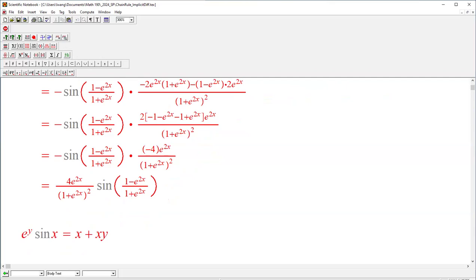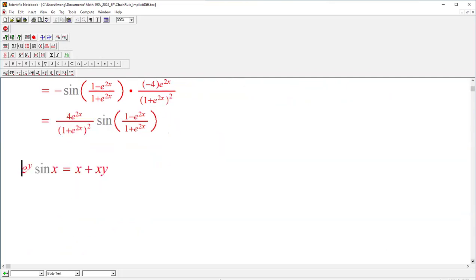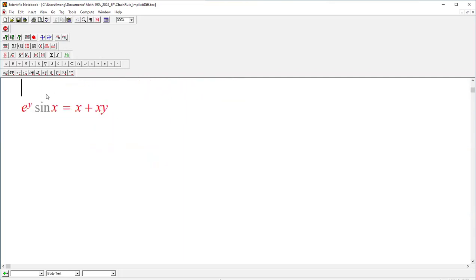Second question. Okay, second question. Then, of course, this is implicit differentiation. Implicit differentiation here.